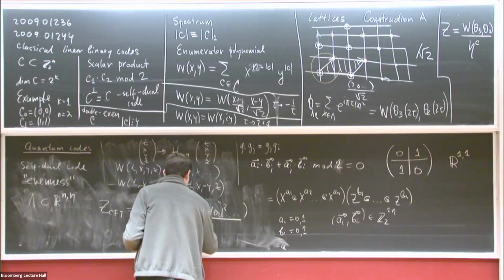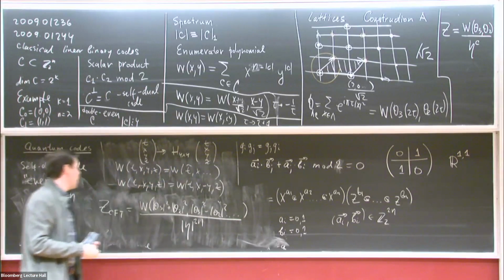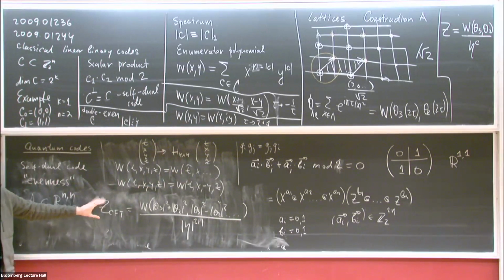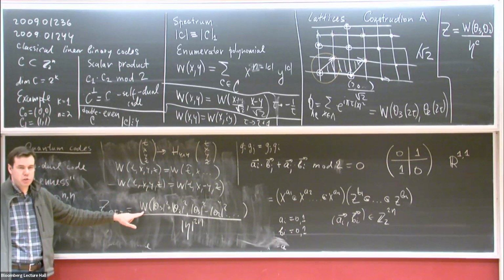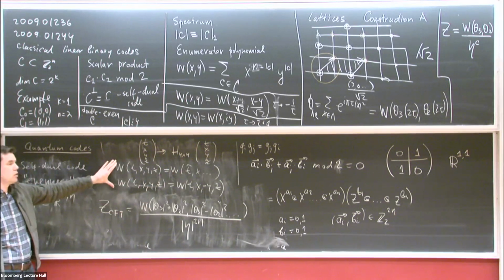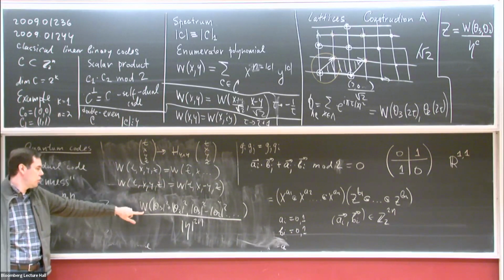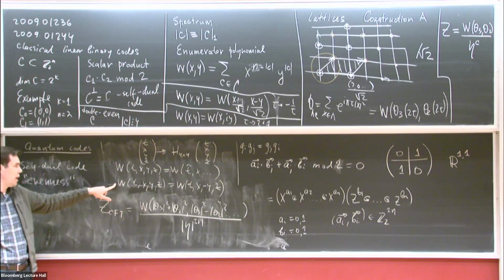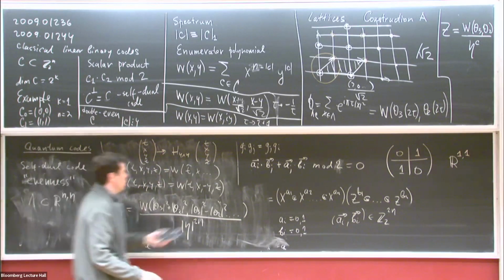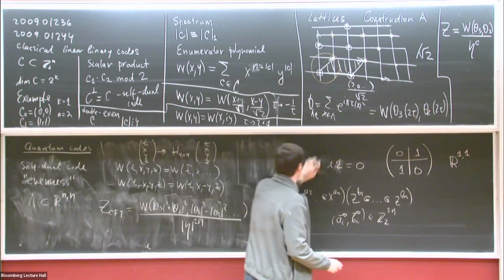You can write the CFT partition function explicitly through only code information. There is a polynomial, and it satisfies two algebraic identities. This identity makes sure that the numerator behaves covariantly under tau going into minus 1 over tau. Actually, this is just the opposite.